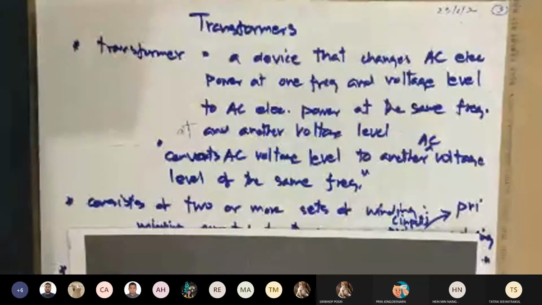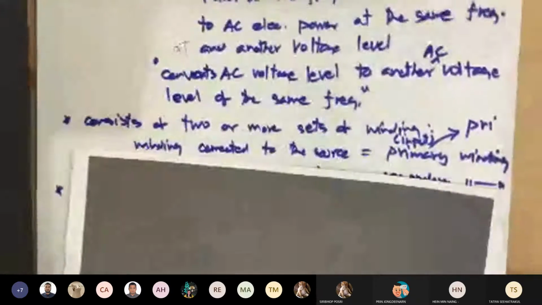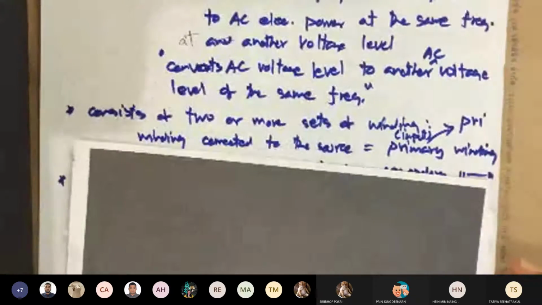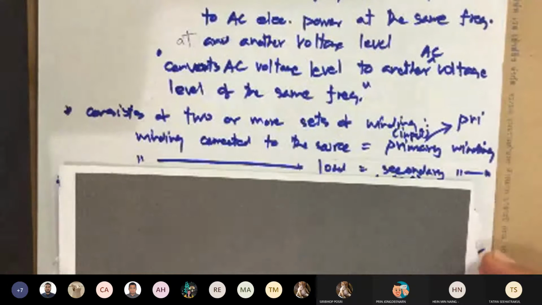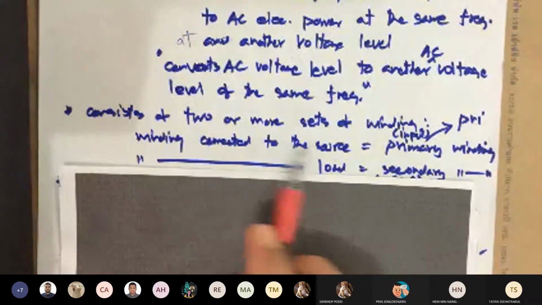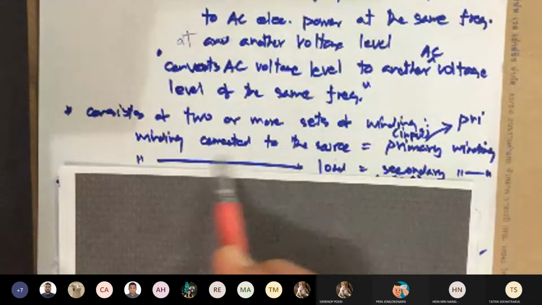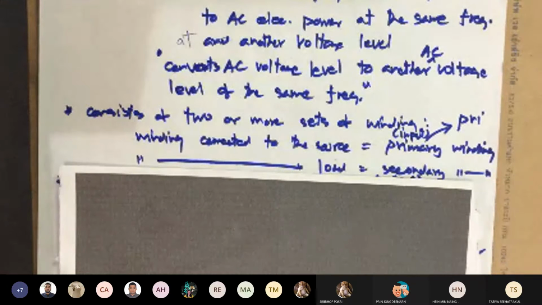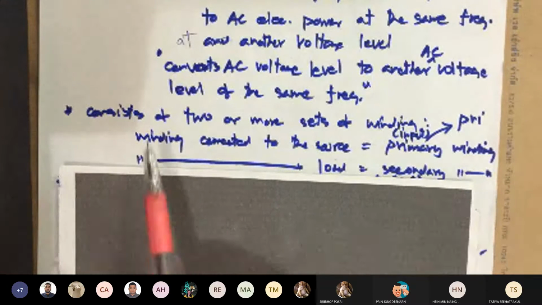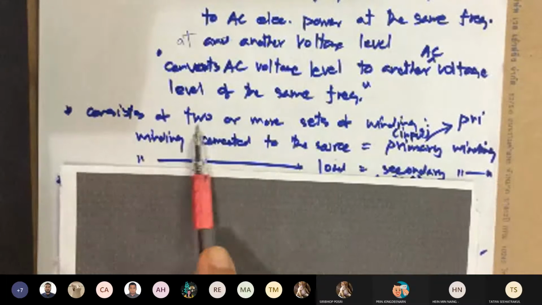Now once we understand our definition, it is a pretty simple concept actually. I never actually found out who was the first inventor. If my guess is correct, it should be Tesla, he's one of the guys. Anyway, the construction is very simple.